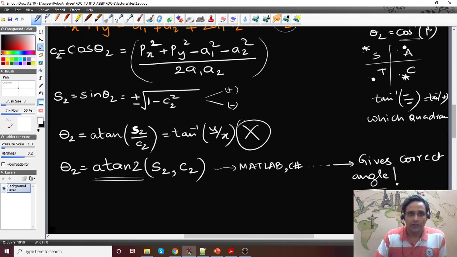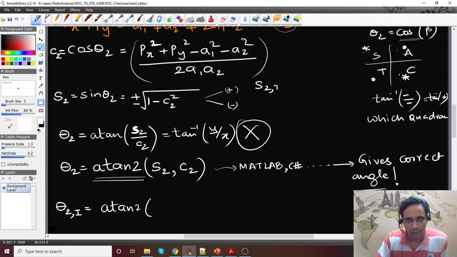Now, considering S2, we'll have two solutions. The first set of theta 2 will be atan2 of S2 1 and cos theta 2, where S2 1 is the positive value.